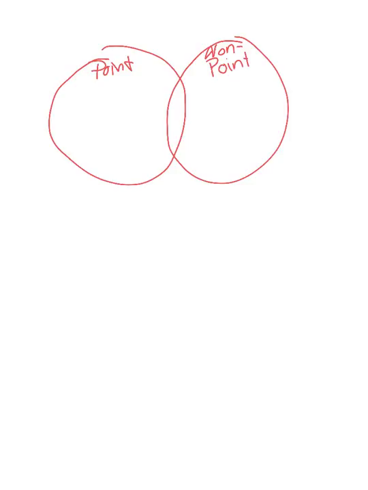I didn't leave myself enough space in the middle here, but right here in the middle we want to write, so we're going to put sources of pollution right in the middle.